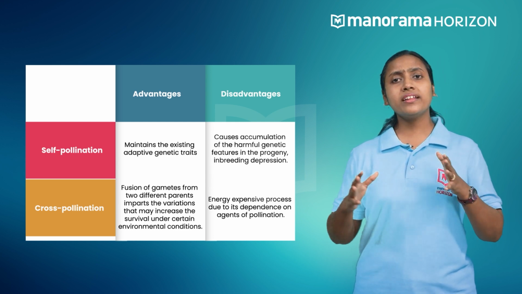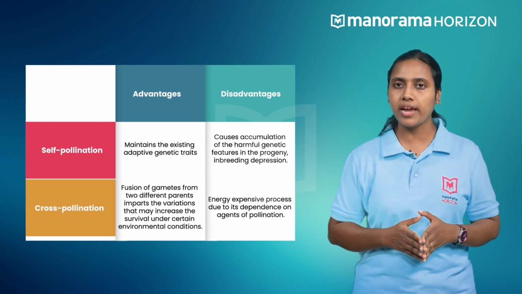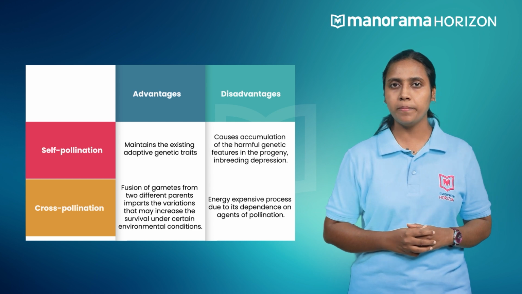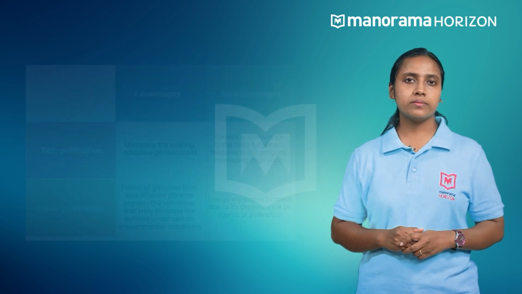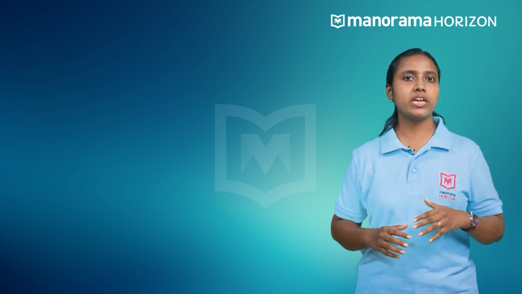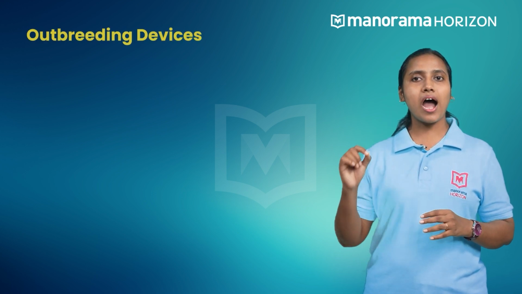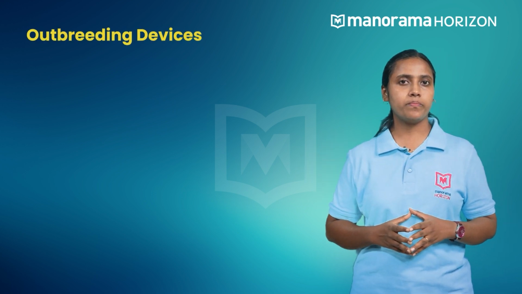So, are there some strategies exhibited by plants to prevent autogamy and facilitate cross-pollination? Let's find out. Since all the following strategies prevent self-pollination and facilitate cross-pollination, they are called outbreeding devices.